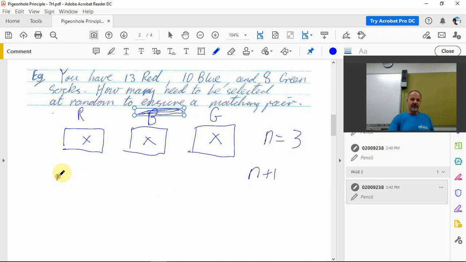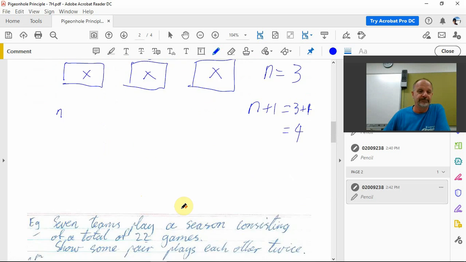And if n equals 3, n plus 1 is 3 plus 1, which is 4. So how many do we need to ensure getting a matching pair? We need to select 4 socks. On that 4th sock, if we haven't already got a matching pair, we're definitely going to get a matching pair. Makes sense, doesn't it? All right, and so that's what the pigeonhole principle is kind of about.